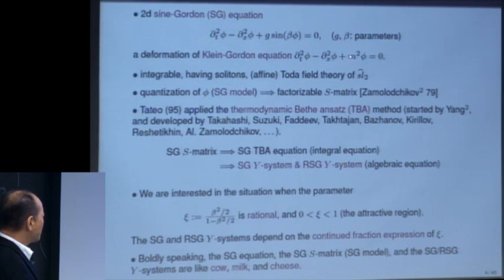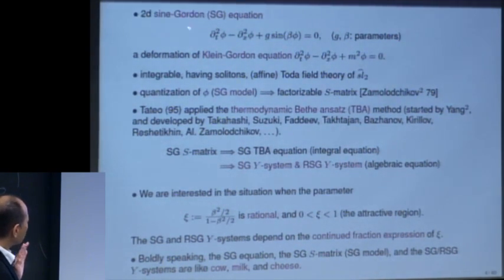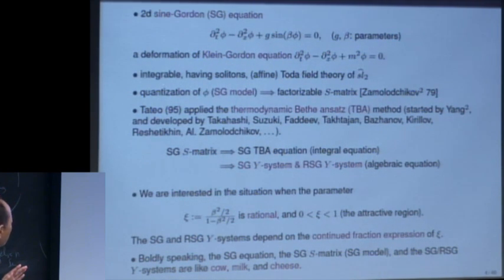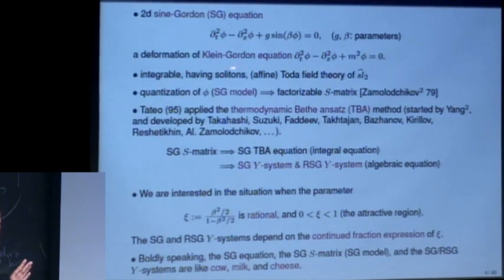Since the so-called mass term, a linear function, is replaced by the sine function, as some wordplay, it is called the sine-Gordon equation. This is good for Gordon, but a little bit of a pity for Klein. Anyway, this equation is important because it is integrable, and also has solitons.